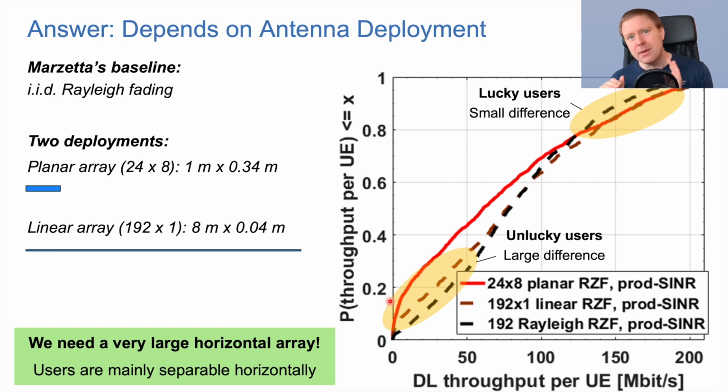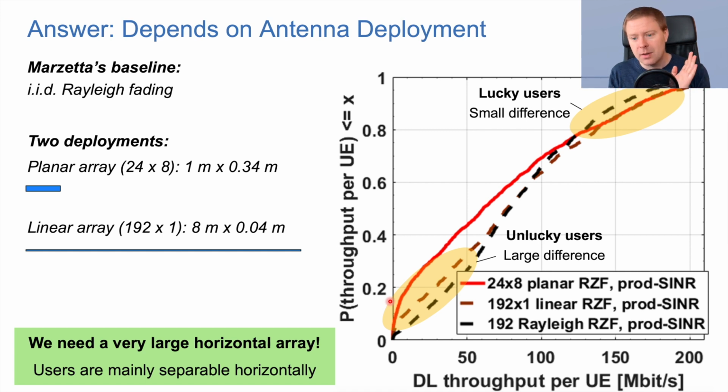Well, because even if you put out the users in a city with some variability, this is like New York City with tall skyscrapers, most users are not separable by having different directions in the elevation domain, but actually by being located in different directions horizontally. So typically a base station is covering something like 120 degrees.